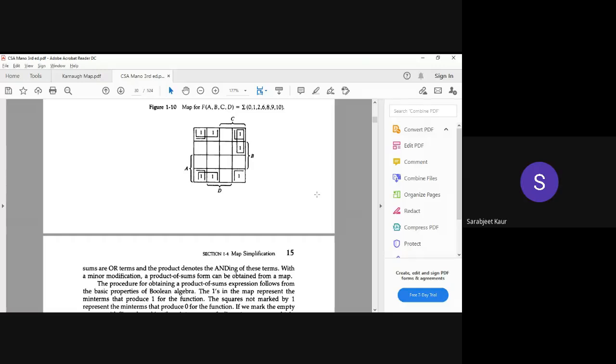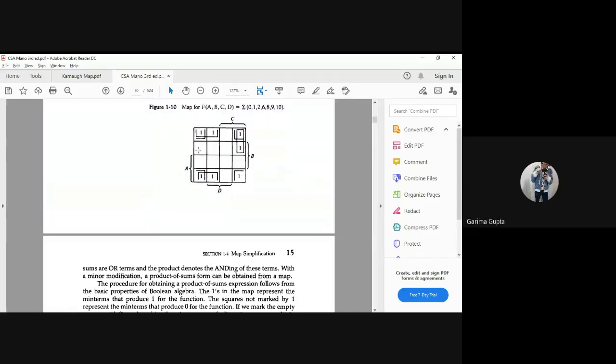Now, once we obtain an expression, however, please see, should I write that as equal to f? That simplified expression which I have got by grouping the zeros. These all squares will be marked as zeros now. Yes or no?